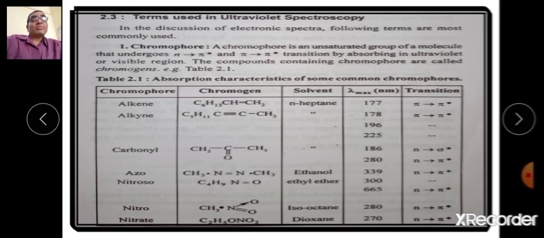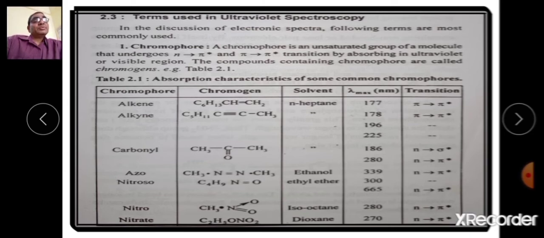Now nitroso compounds, again lone pairs are there, and the transition is from n to pi star. Nitro compounds, the transition is n to pi star. Nitrate compounds, NO2 group, the wavelength increases. The transition is, of course, n to pi star.